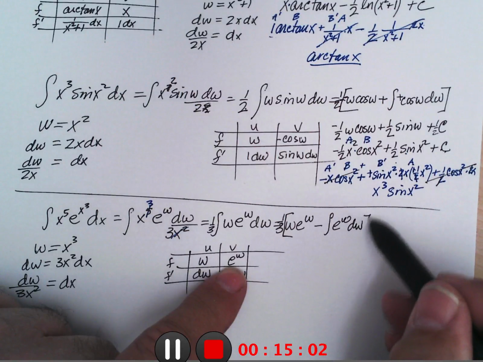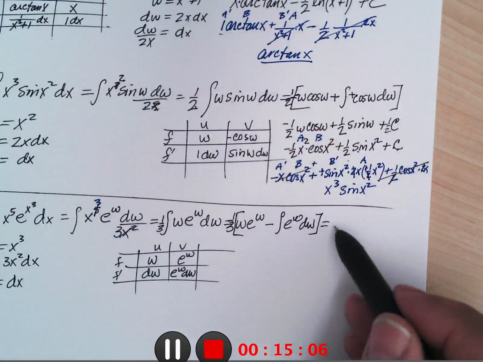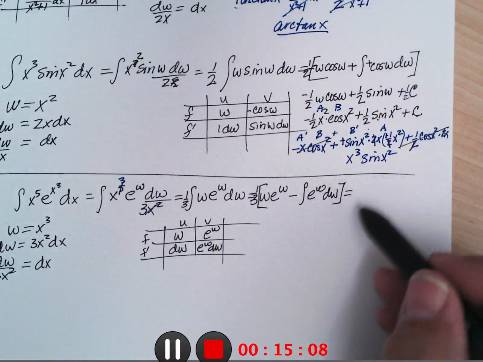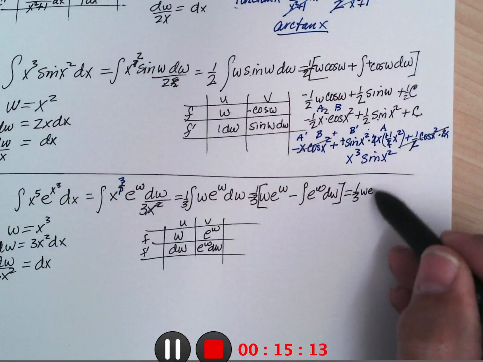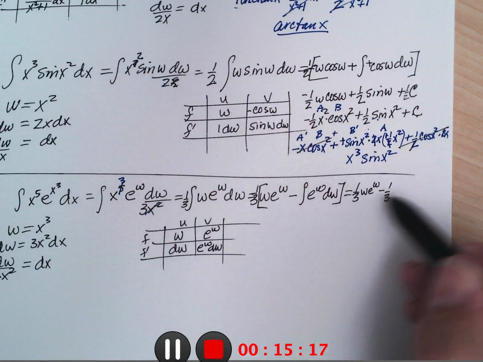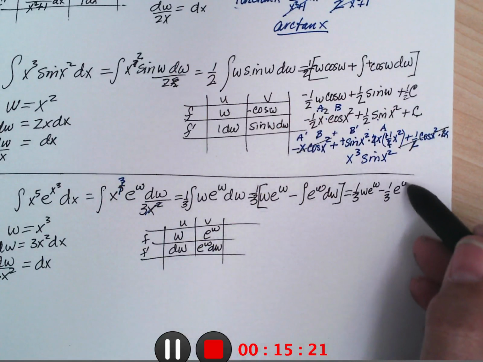But that's an easy one to do, so we have 1/3 w e to the w minus 1/3, and the antiderivative of e to the w dw is e to the w plus c.